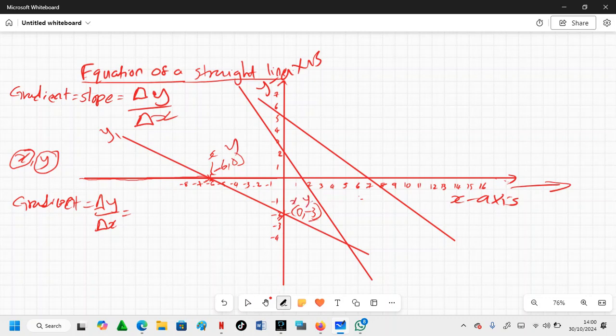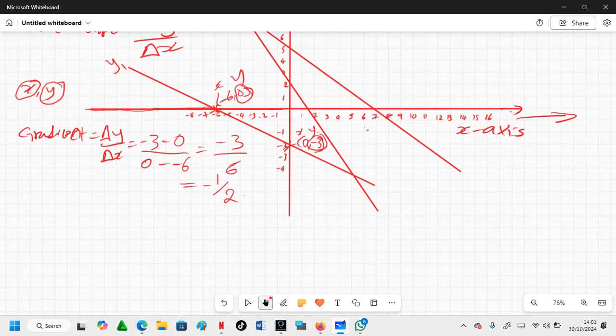So you subtract -3 minus 0, the y minus the y, and then the x over, so the x is 0 minus the other x, which is -6, so that we have -3 over 6, so that our gradient is going to be -1 over 2. All right, and even if we took 2 points from the same line that are not the points that we have taken, we would have still gotten the same thing.